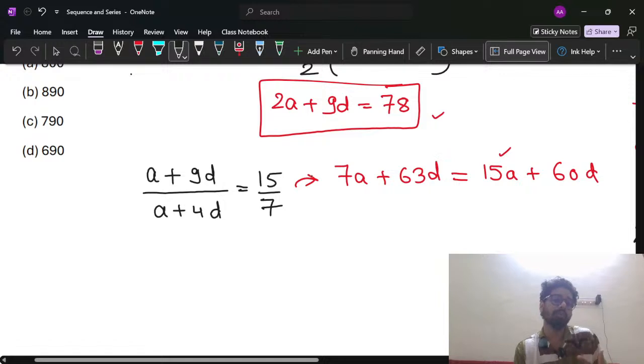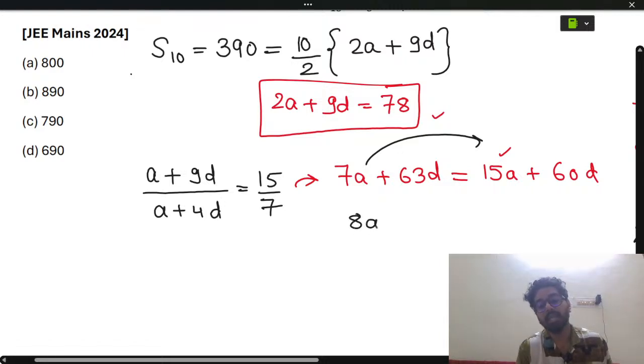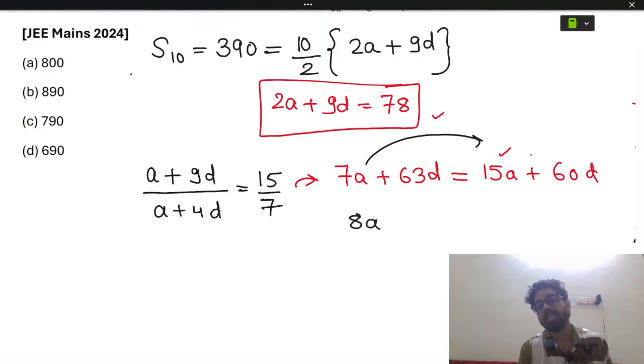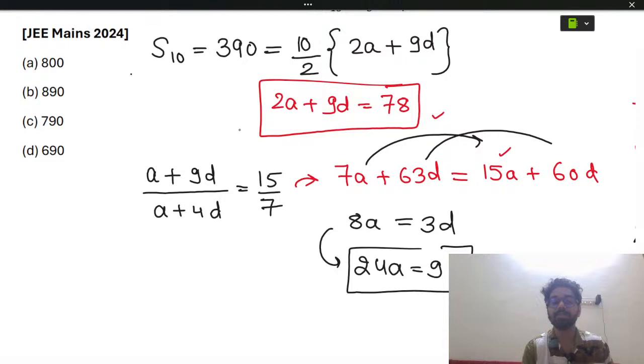That's what we taught. So if I send this over here, 15a minus 7a comes 8a. If I send this over here, you will have 8a is equal to 3d, which means if I multiply 3 on both sides, I will have 24a is equal to 9d, which I can substitute over here.